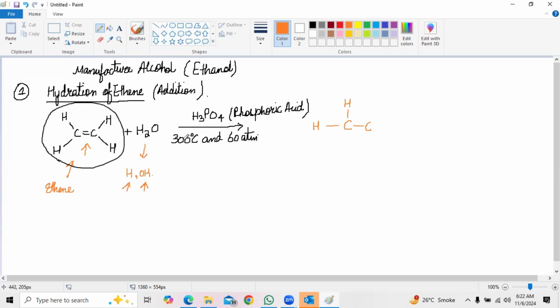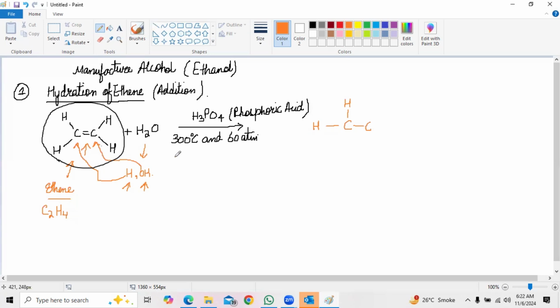Why did you put the double bond? Because it is ethene. Ethene is having a double bond. Yes, it is C2H4. So now what is going to happen? The double bond is basically changed into a single bond. Here, one hydrogen is going to be attached here, and OH is going to be attached here.